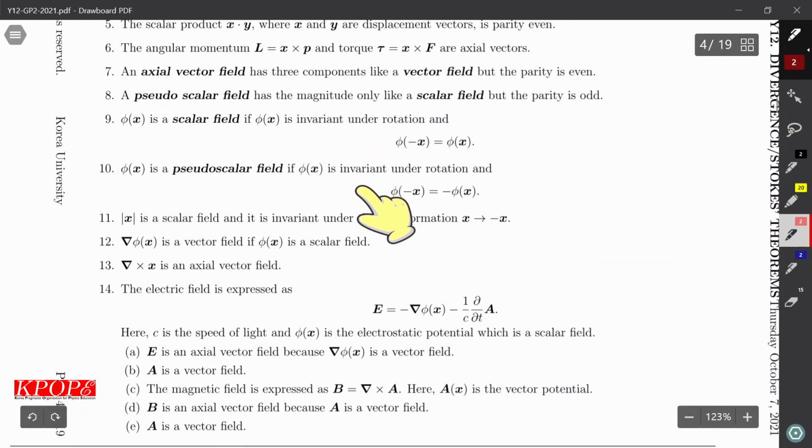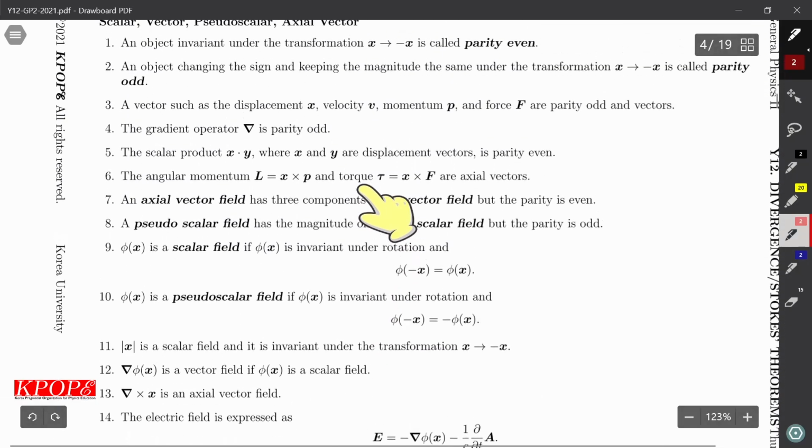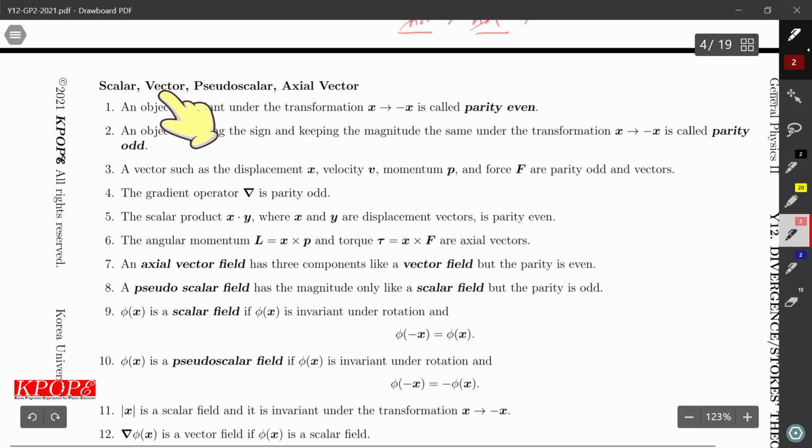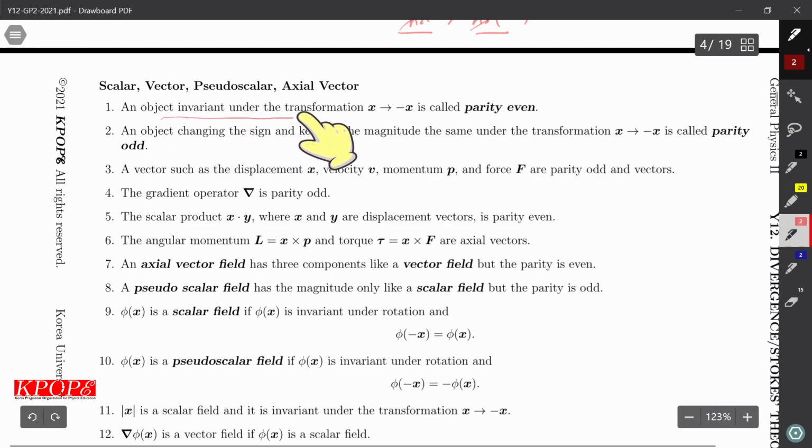Next we consider scalar, vector, pseudoscalar, and axial vector. An object invariant under the transformation that replaces a vector with minus the vector, we say it is parity even.